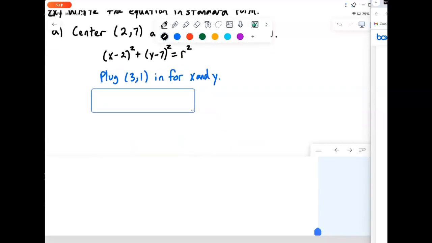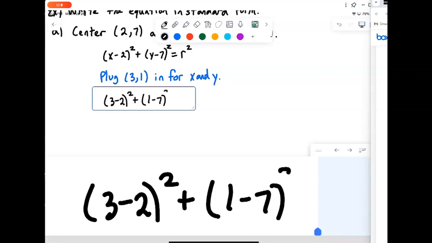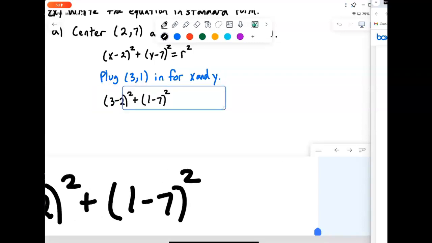Okay. So in this case, 3 minus 1 squared. Sorry, 3 minus 2 squared. Get that right. It's x minus 2. 3 minus 2 squared plus 1 minus 7 squared equals r squared.